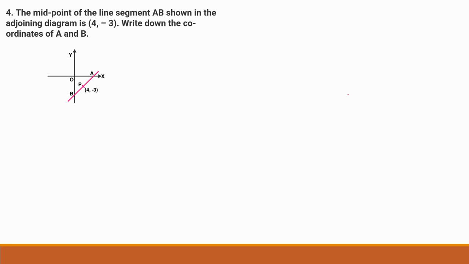The midpoint of a line segment AB shown in the adjoining diagram is P(4, minus 3). Write down the coordinates of A and B. So P is the midpoint.